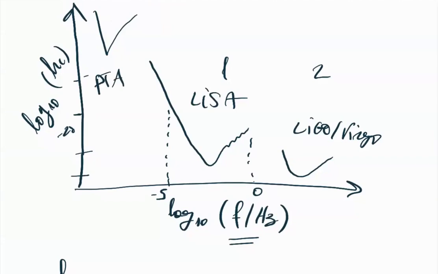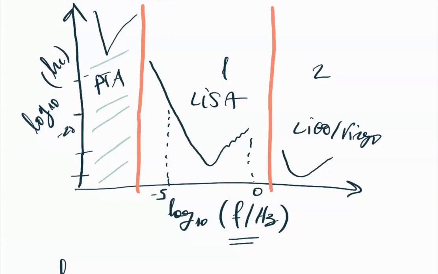But what I want you to understand right now is the following. We can divide these three windows according to different regimes. Over here in the PTA window, we're talking about black holes with masses typically larger than, say, 10 to the 7 solar masses.